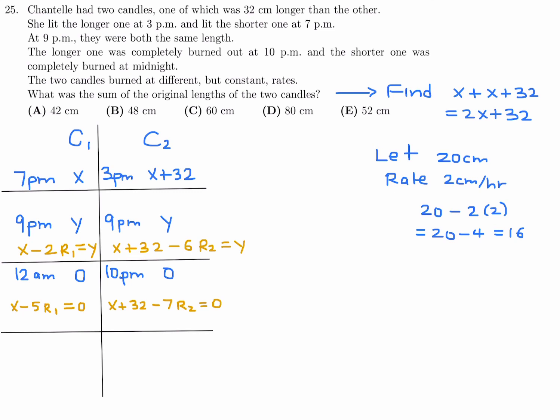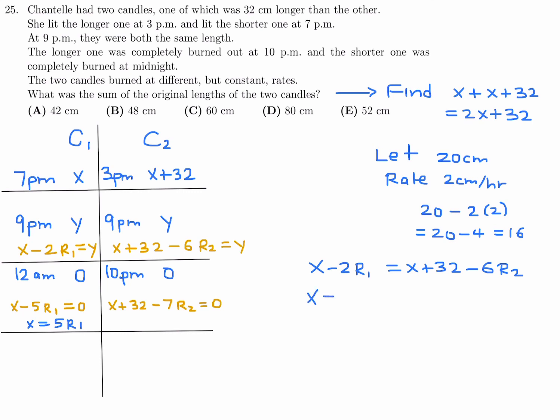All right, so here we go. Let's solve this now. In any order is perfectly fine. I immediately see this as being very helpful, that x is going to be equal to 5R1. Okay, and that's going to help me out, I hope. And this is what I'm going to do. Since these are both equal to y, I set them equal to each other. So we get x minus 2R1 is equal to x plus 32 minus 6R2. All right.